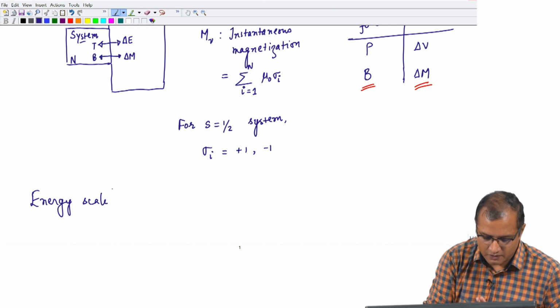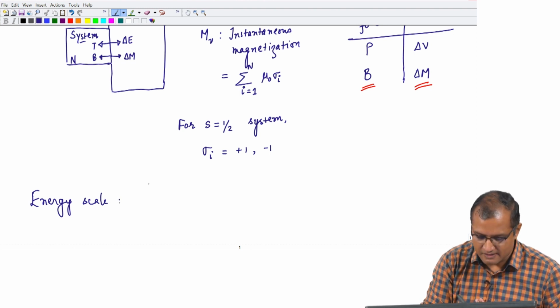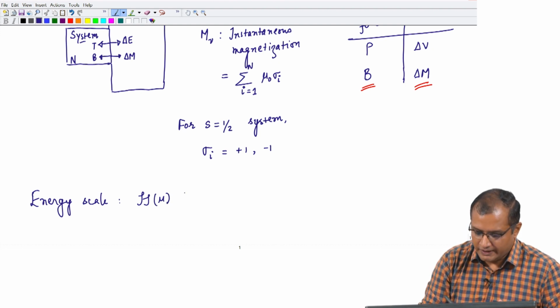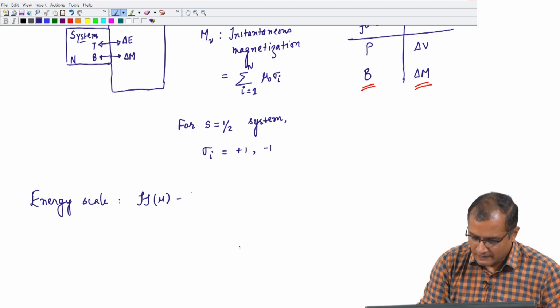or the total energy of the system as some internal Hamiltonian, okay, and minus Bm.